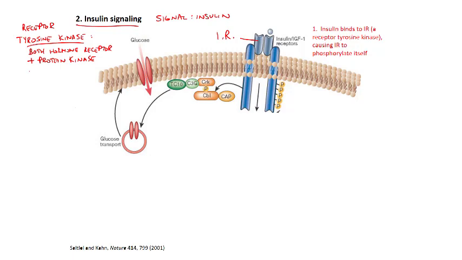And then you can think of the hormone acting as an allosteric activator. So what happens when the insulin receptor binds is the receptor tyrosine kinase changes to an active conformation. And so what does a protein kinase do when it's active? Well, it attaches phosphate to proteins.